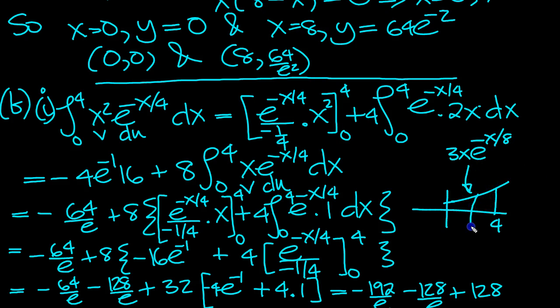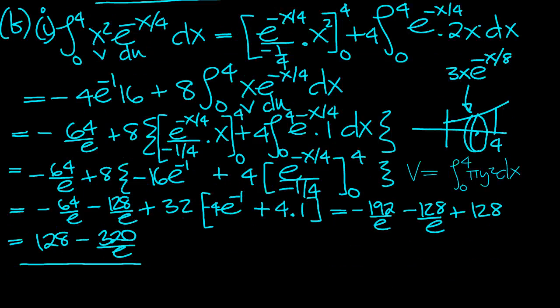Okay, so now we've formed the solid by rotating it 360 degrees. So the volume then, I'll just put it in here again. The volume of this is the sum of all the disks from 0 to 4, pi r squared, pi y squared dx. And the y value is that.